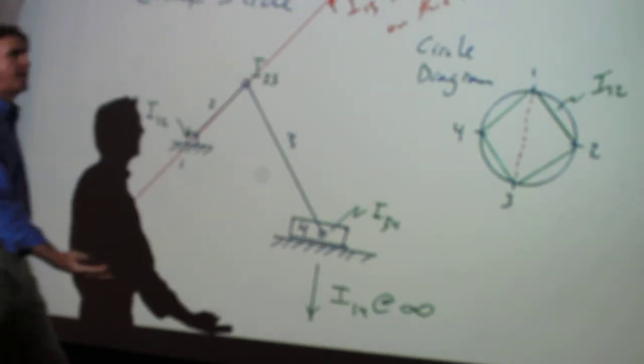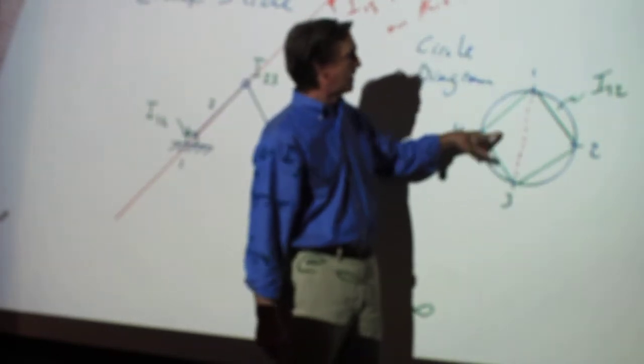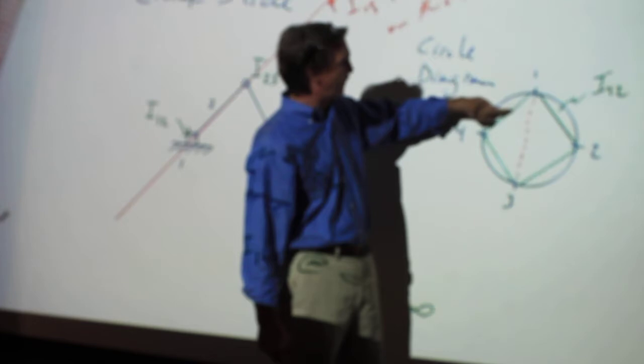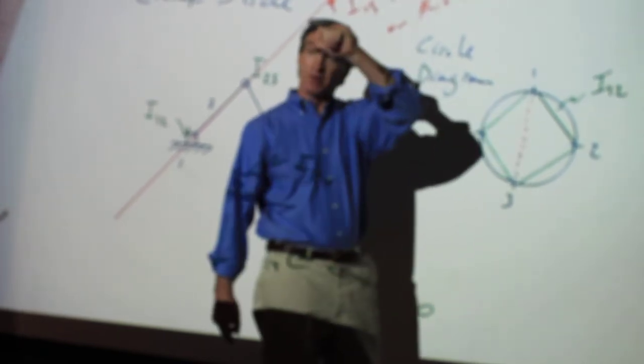When I draw that line right there, I know that I13 lies on this line because of Kennedy's theorem. Then let me go on the opposite side of the diagonal. If I draw a line through 14 and 34, I13 lies on that line too.